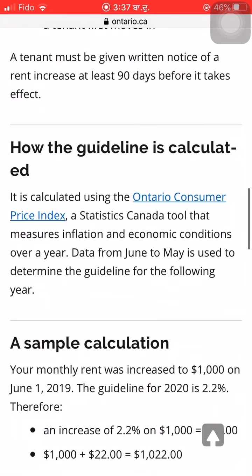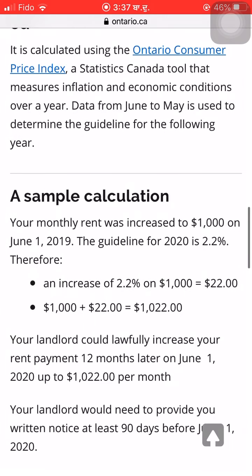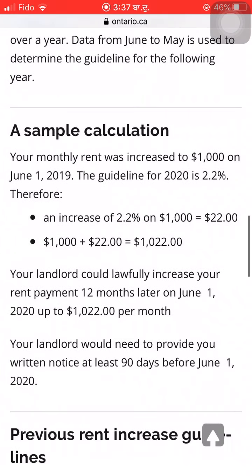Here is also a sample calculation. Your monthly rent was increased to $1,000 on June 1, 2019. The guideline for 2020 is 2.2%. An increase of 2.2% on $1,000 is $22.